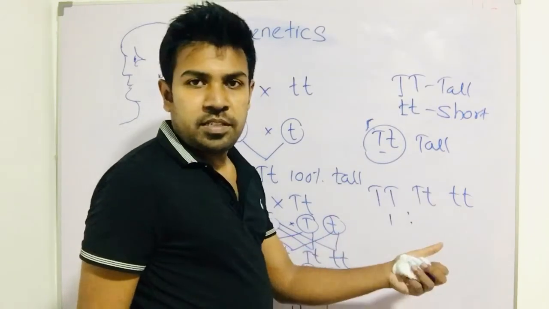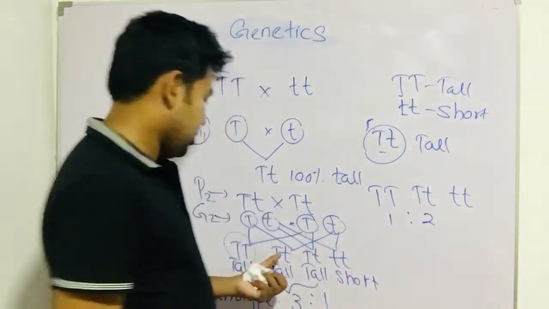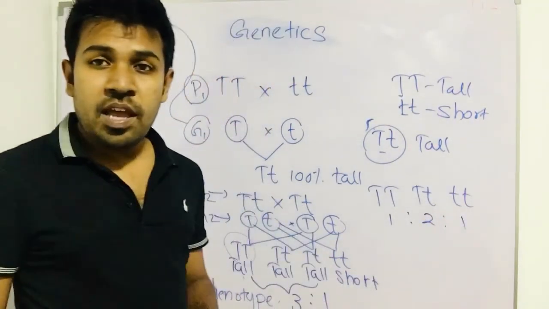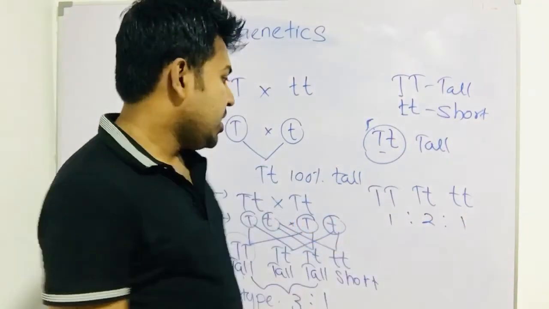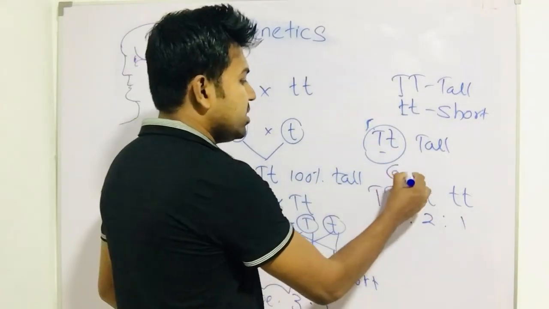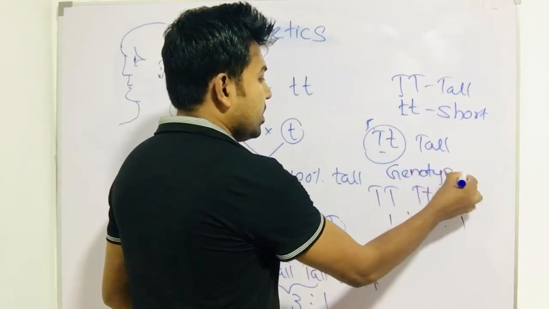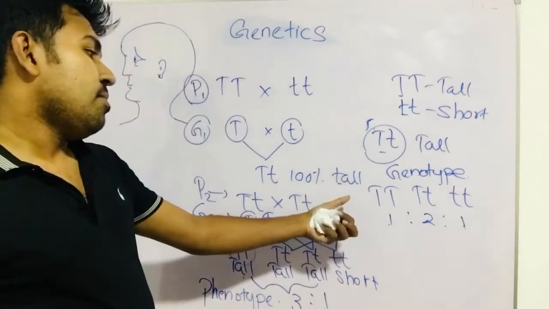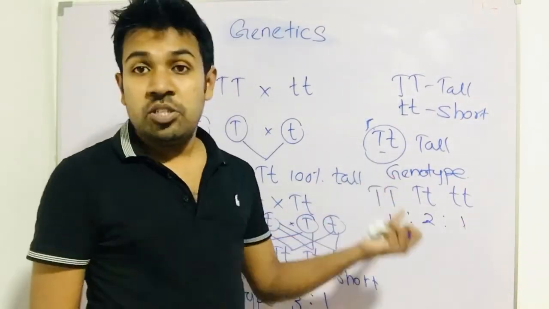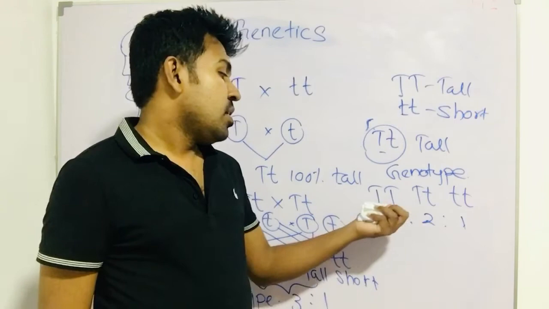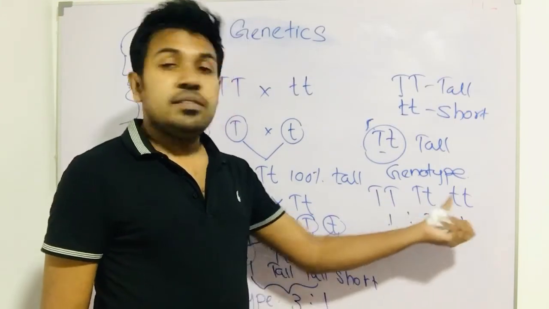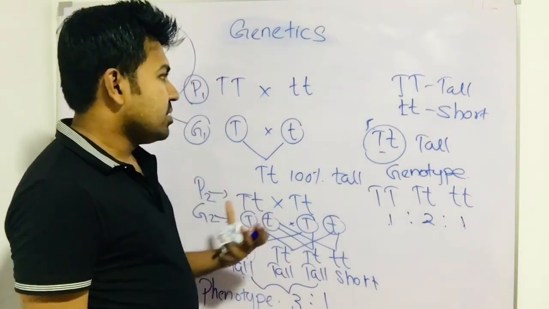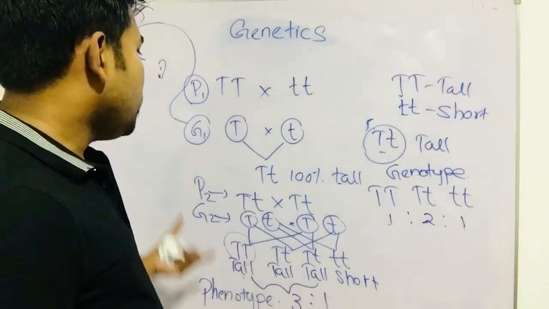Capital T capital T is one, capital T small t is two, and small t small t is one. This gene composition is called the genotype. It is 1:2:1. In any exam, if they ask you to mention the genotypes, you definitely have to put these gene compositions, or else you can make some errors. So I think you understood this.